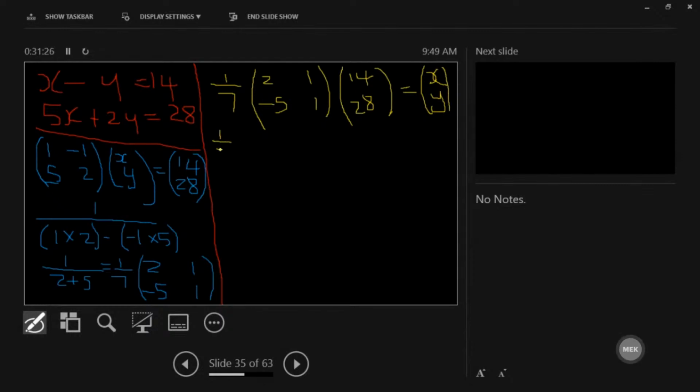So keep the 1 over 7 to the last. 2 times 14, 1 times 28, negative 5 times 14, 1 times 28, equals x y.